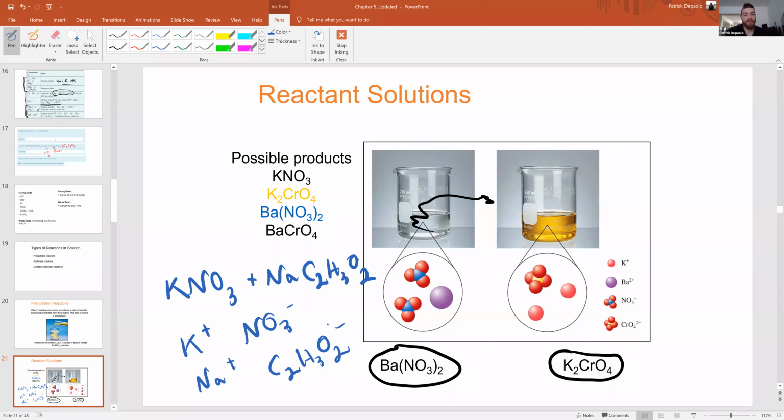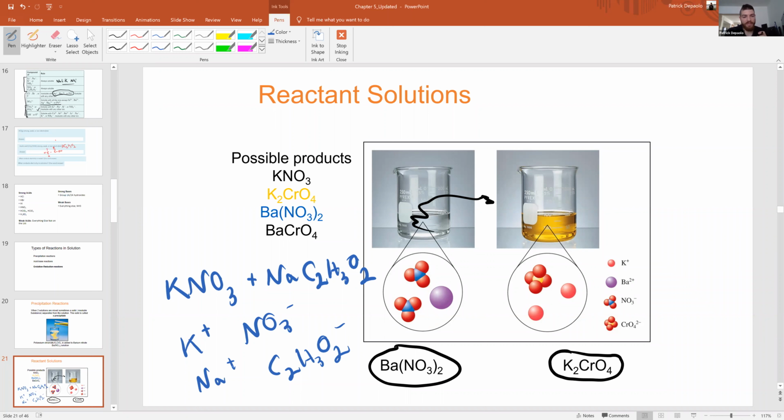And there will be no reaction because any combination of these together, of anion and cation, will create a soluble ionic compound, meaning it will split apart immediately again. And there will be a net gain of no solid particulate.